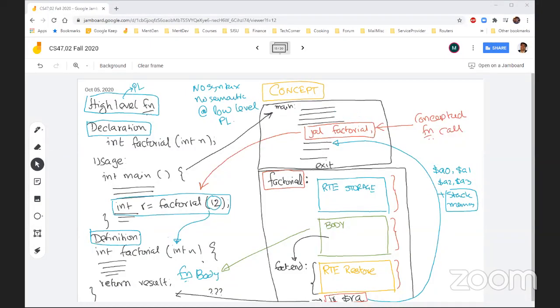Before your JL, there would be some code to set these registers, whatever you need. And then inside the function body, you access those registers to look at the arguments passed by the caller.